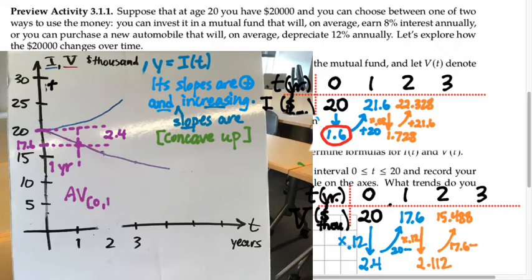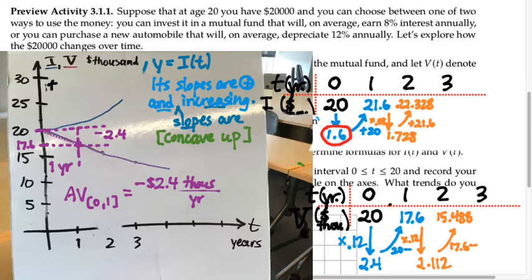Y2 minus Y1 over X2 minus X1. What am I missing? I'm missing a sign right there. So the average rate of change here is going to be negative 2.4. We've lost $2,400 over the course of that 1 year. We simplify that ratio, and our average rate of change is minus $2.4 thousand per year.